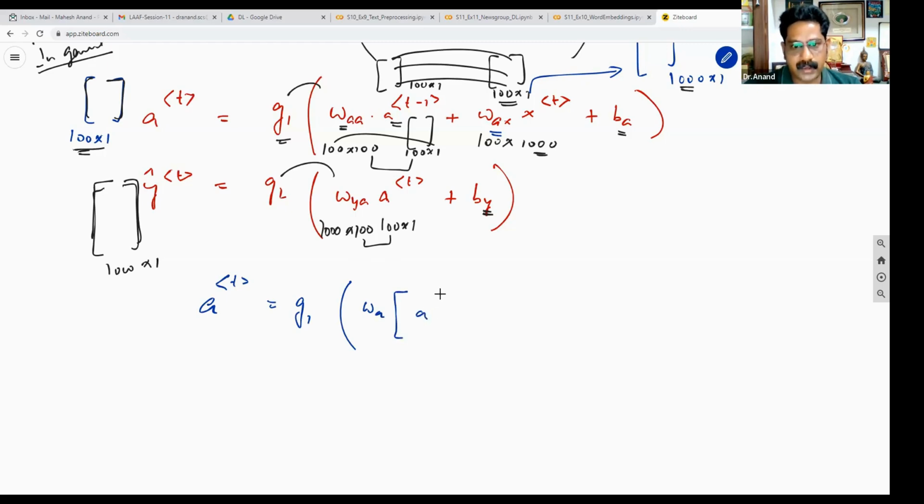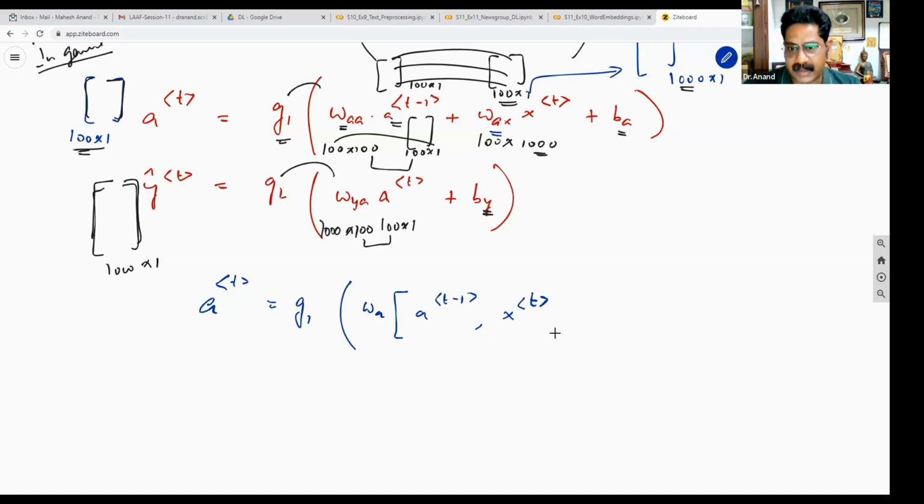So A t minus 1, what is A t minus 1? My previous state memory, which is the vector of 100 by 1, can be appended or concatenated with my current representation of my token. My previous state memory can be concatenated.